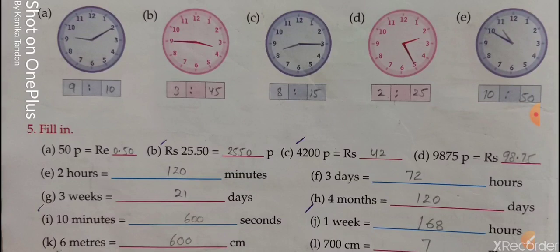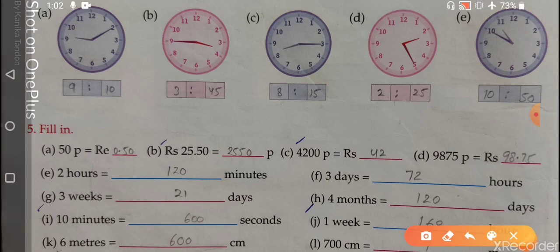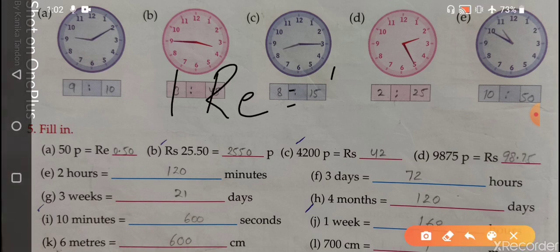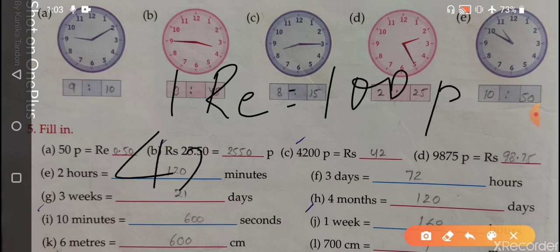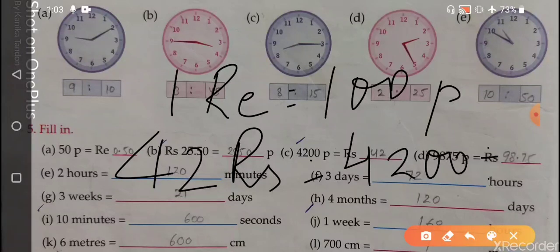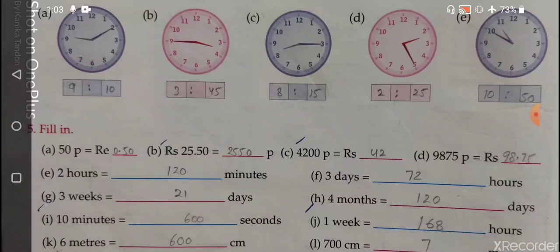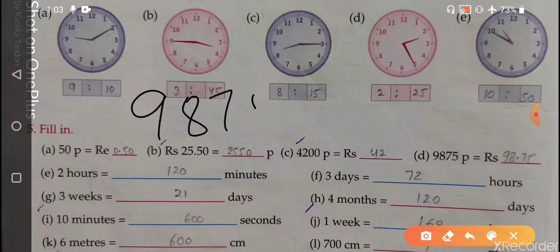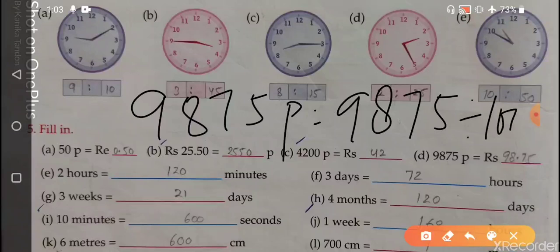Coming to C, 4200 paise is equal to how many rupees? 1 rupee is equal to 100 paise. So 4200 divided by 100 is equal to 42 rupees. And the last one is 9875 paise, which is 9875 divided by 100, which is 98.75.